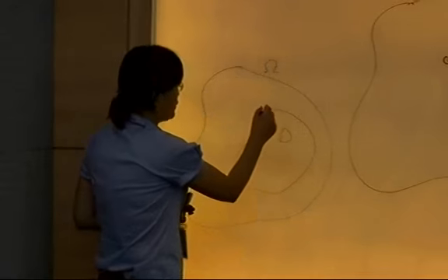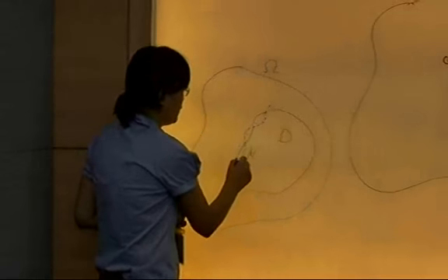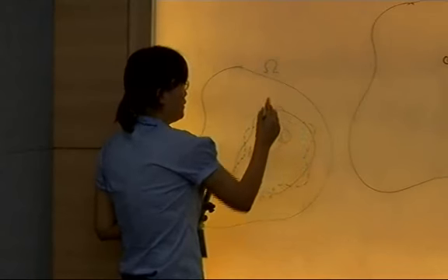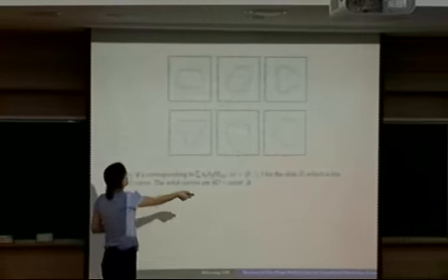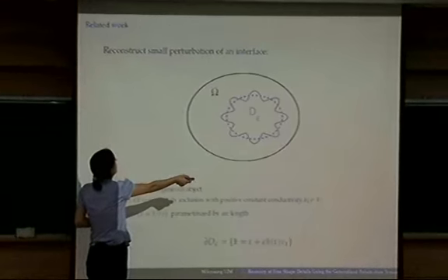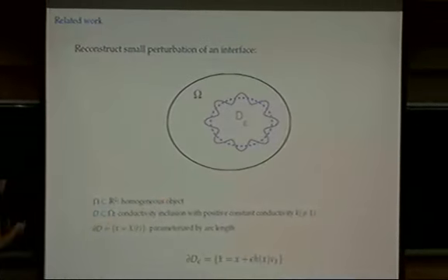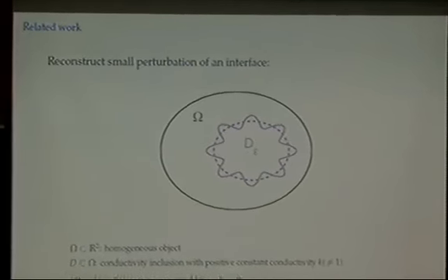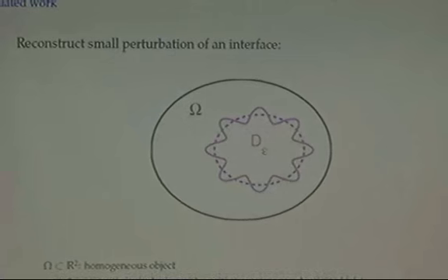In this case, how can we get the actual shape of D, in the case we know the initial guess?